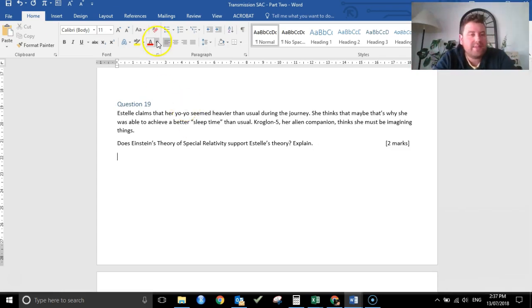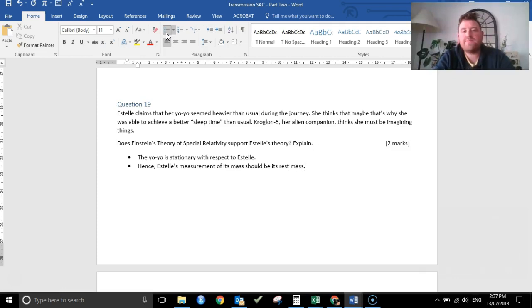So let me say that. The yo-yo is stationary with respect to Estelle. Hence, Estelle's measurement of its mass should be its rest mass. Okay.